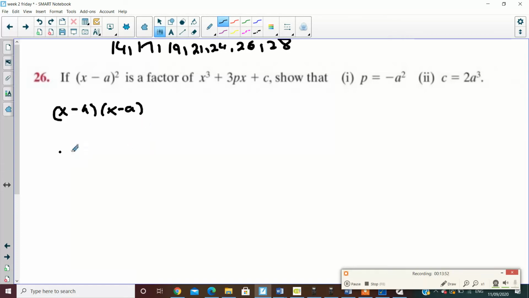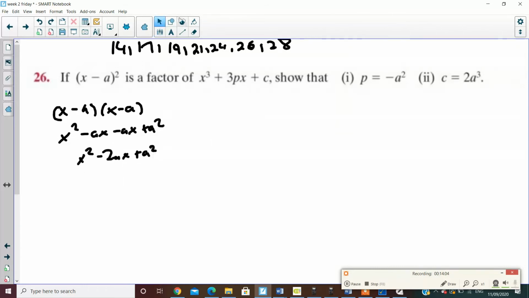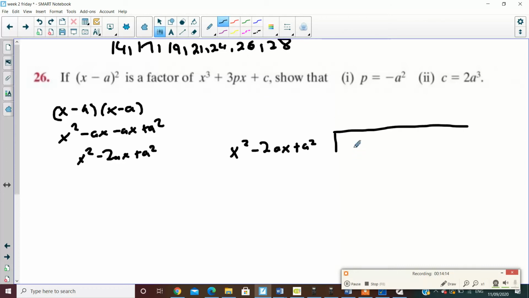x minus a over x minus a is x squared minus ax plus a squared. x squared minus 2ax plus a squared. Get that? And you divide it into x cubed plus 0x squared plus 3px plus c.